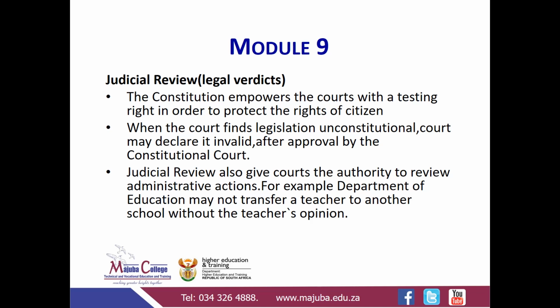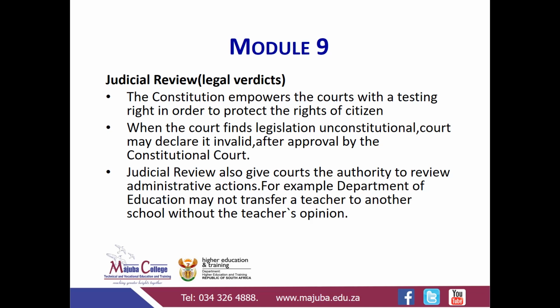We spoke in the previous modules about this: whenever the High Court finds something unconstitutional in a certain legislation, they may declare it invalid, but they will have to wait for the approval by the Constitutional Court.